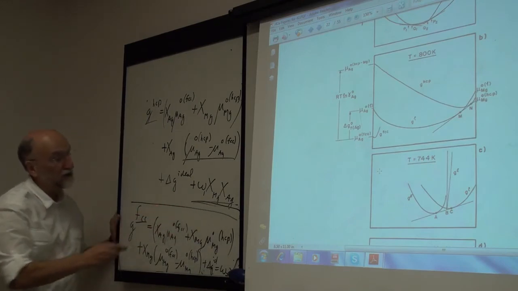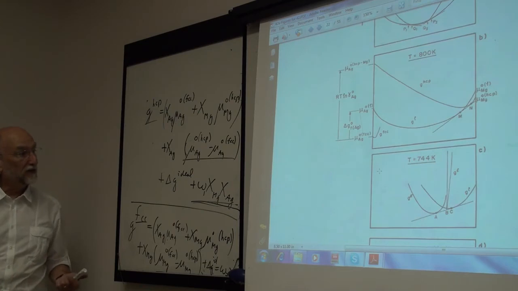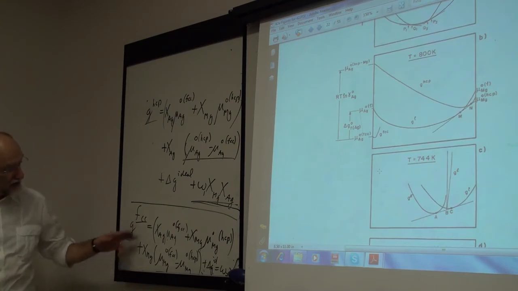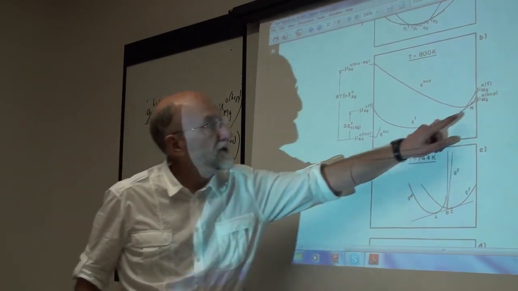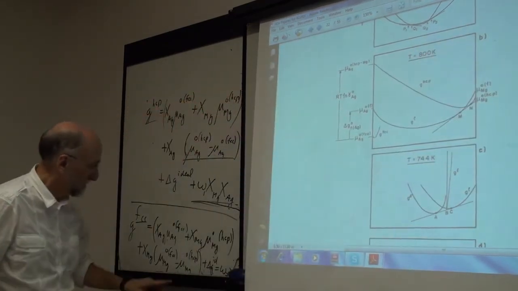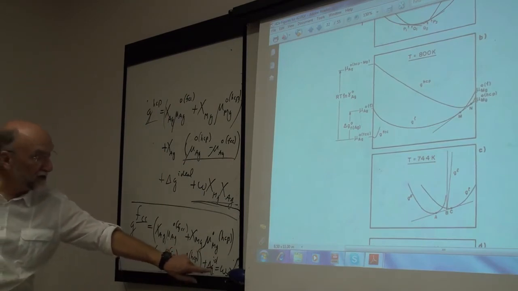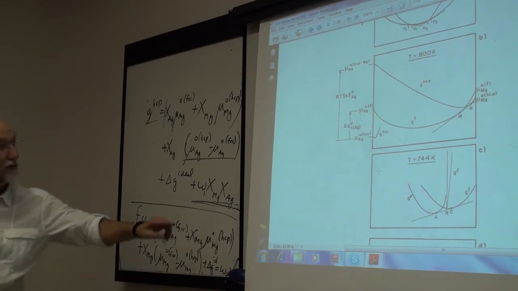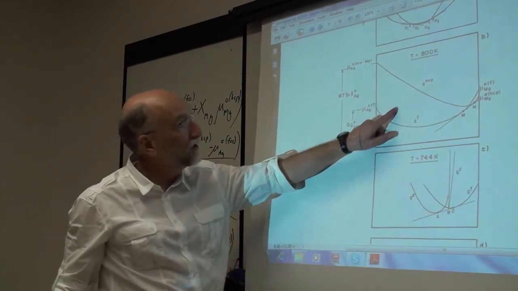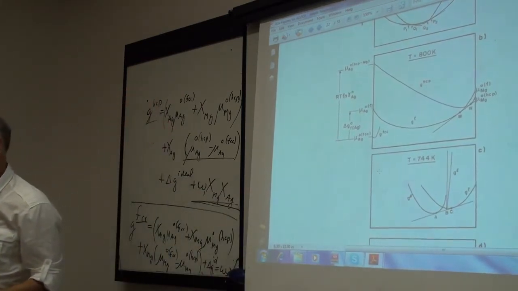And you can also add on top of that a regular solution term to make things fit a little bit better. On the other side, it's exactly the same thing. I'm referring it to the two standard states here. I'm adding on the magnesium now in the hypothetical FCC and the HCP, an ideal term, and another. And this is appropriate then for an FCC solution into which I'm putting magnesium in relatively dilute quantities.